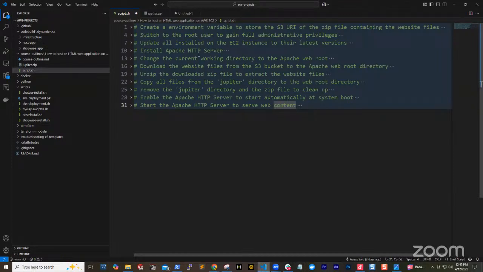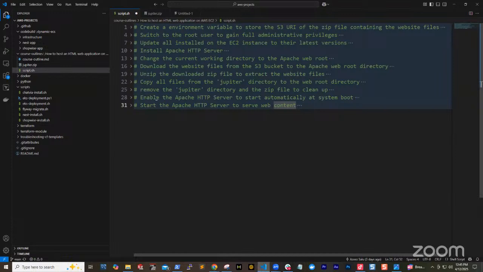Then once I update my EC2, I need to install Apache on the EC2. Then once I install Apache, I need to change my directory to the HTML directory. Then I need to download my web files from wherever they are to that HTML directory. If the web file is a zip file, I need to unzip it.